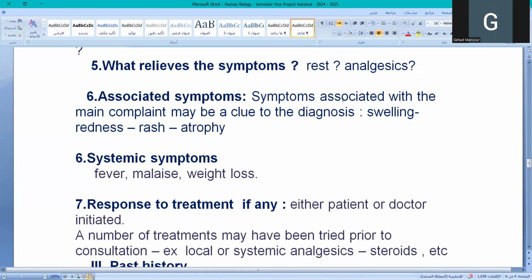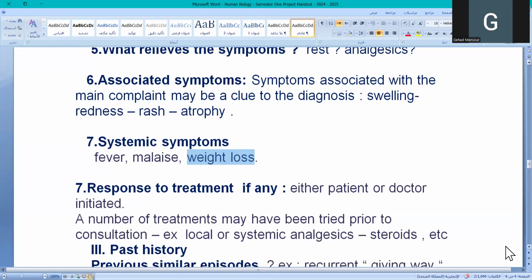All these are associated symptoms, but related to the same system, meaning that they are related to the muscular system. This is different from the systemic symptoms. The systemic symptoms are still associated symptoms, but in other systems other than the muscular system. For example, if your muscular disease is due to an autoimmune disease, you will have low-grade fever, you will have generalized malaise and easy fatigability, you would have loss of appetite and weight loss.